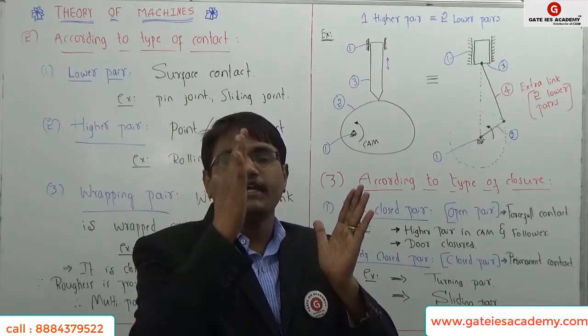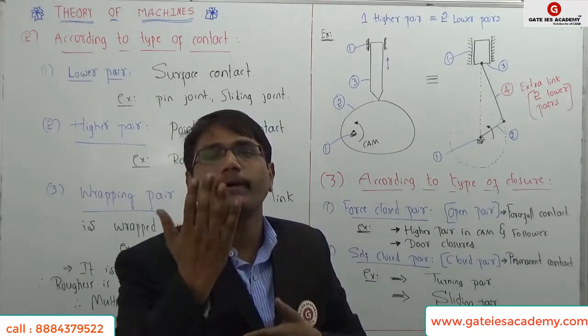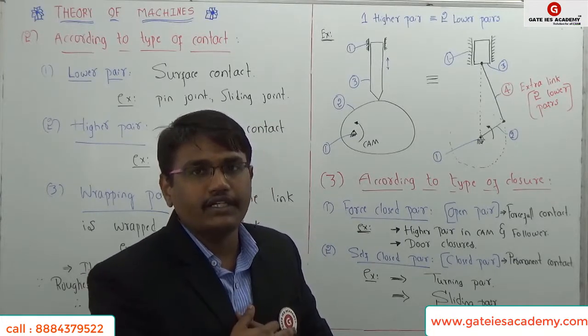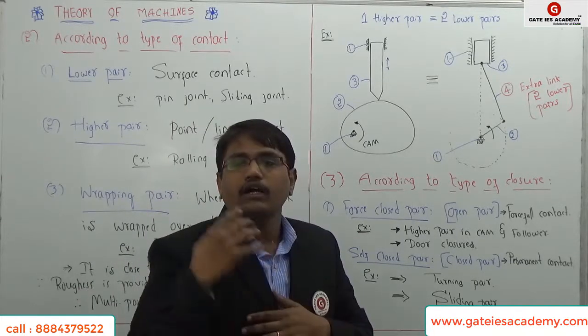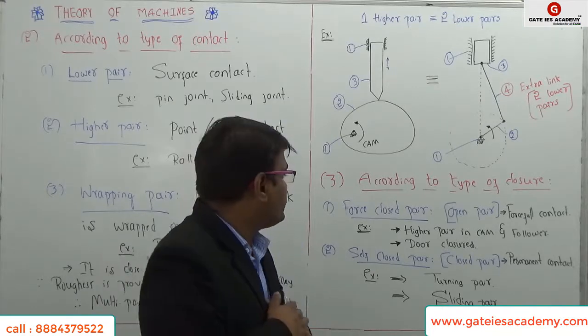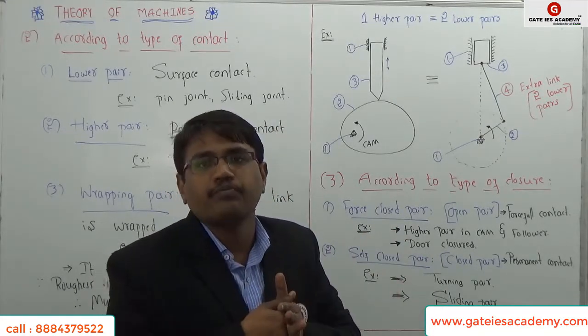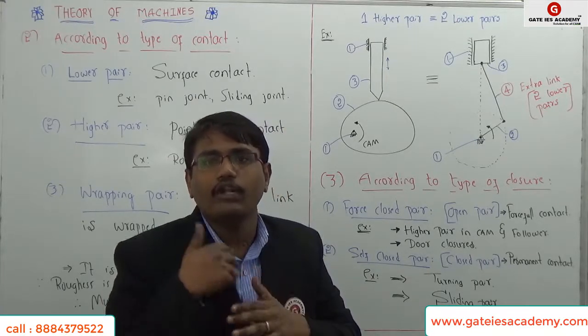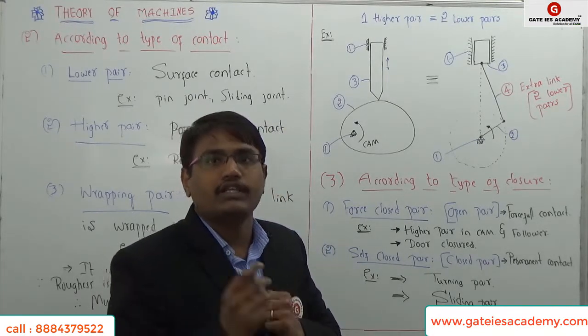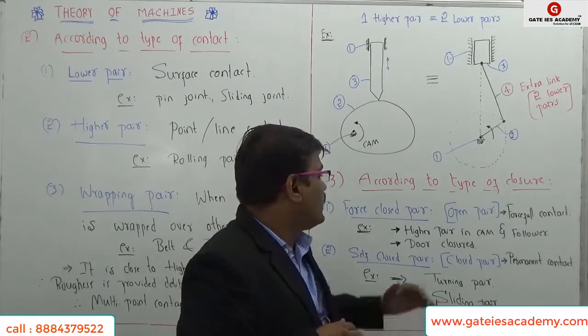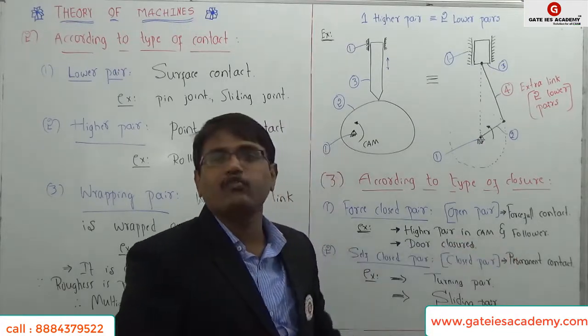When door comes and closes, attaches, automatic door closing mechanisms, right? When door comes and closes by itself, there is a forceful contact established. It becomes a pair only because of some force. There is a forceful contact, and higher pair in cam and follower.